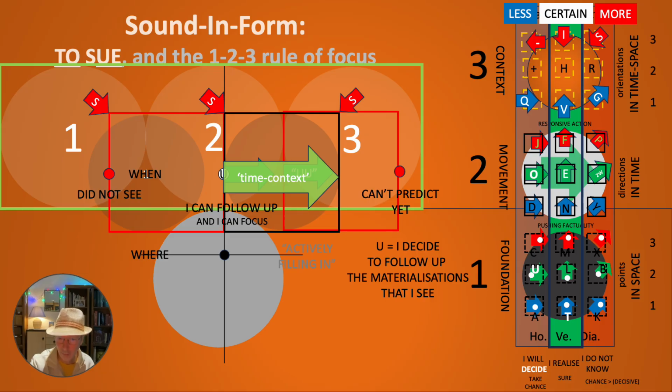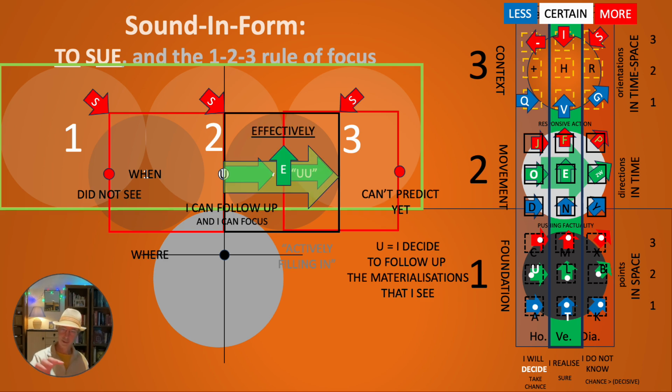And U is following it up in category. It's going to follow the time context, because the last letter is E, it's certainly going to follow its time context underneath. So I can follow it up where it's going.